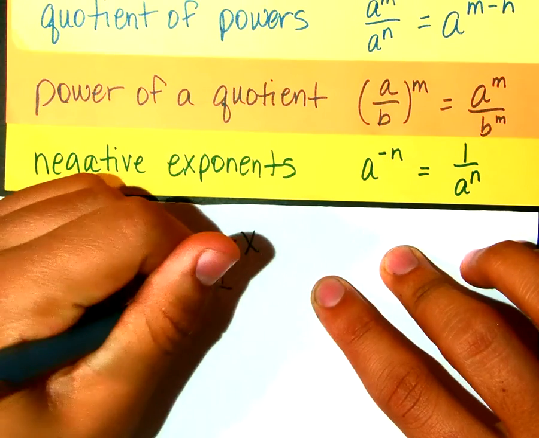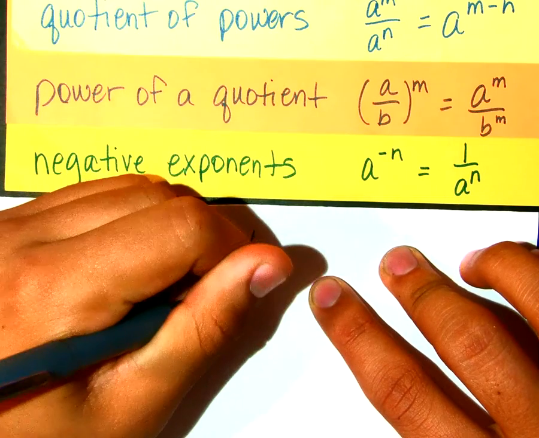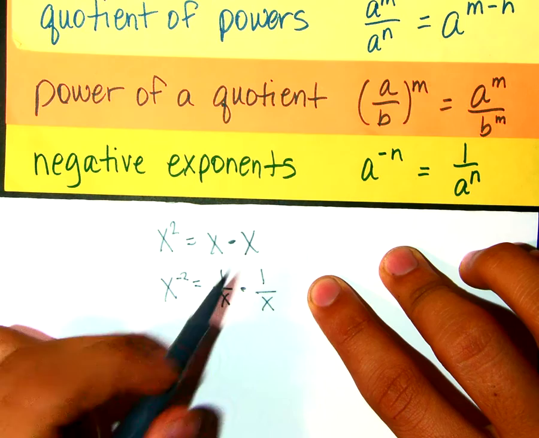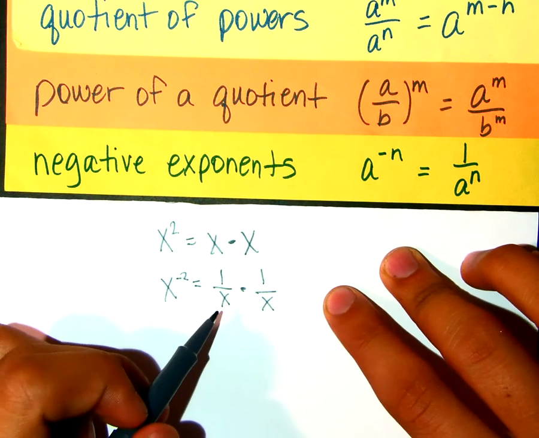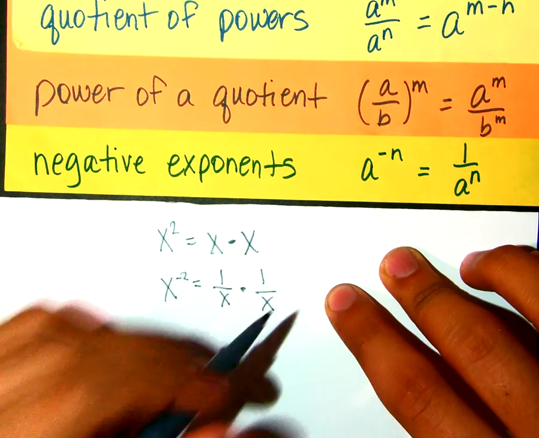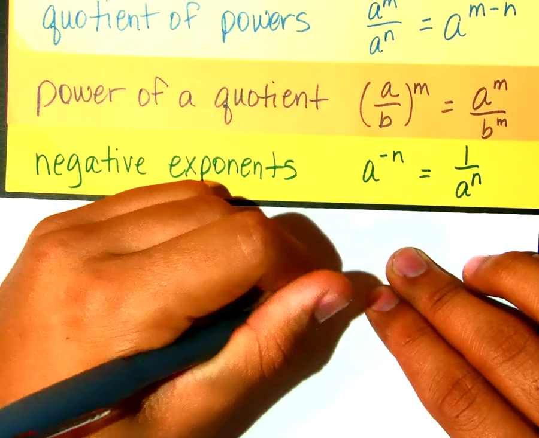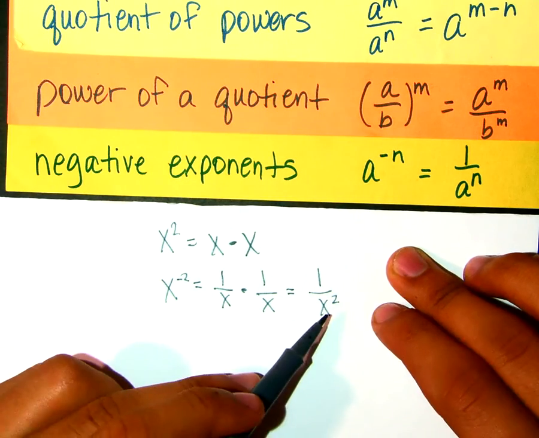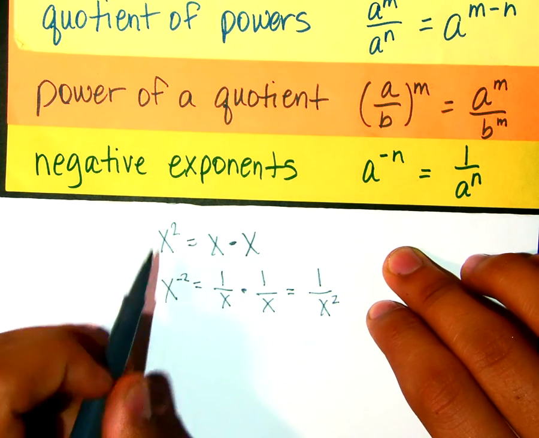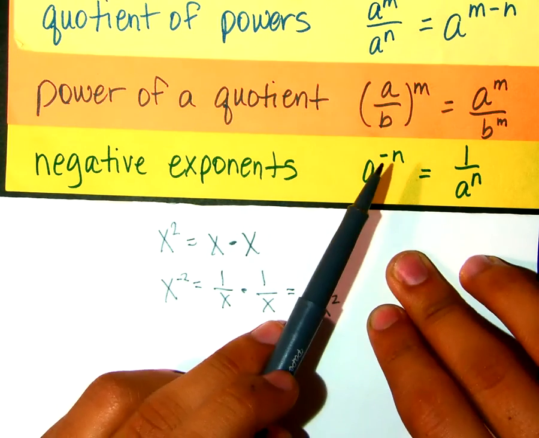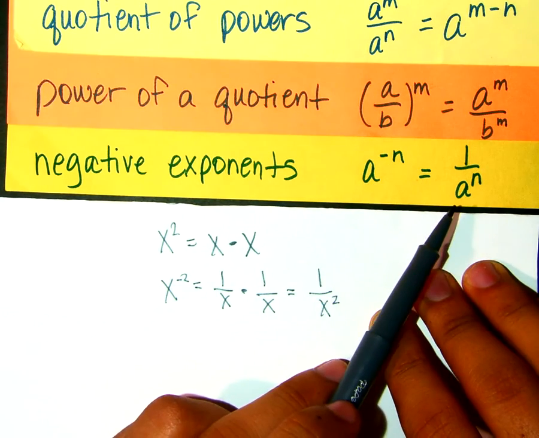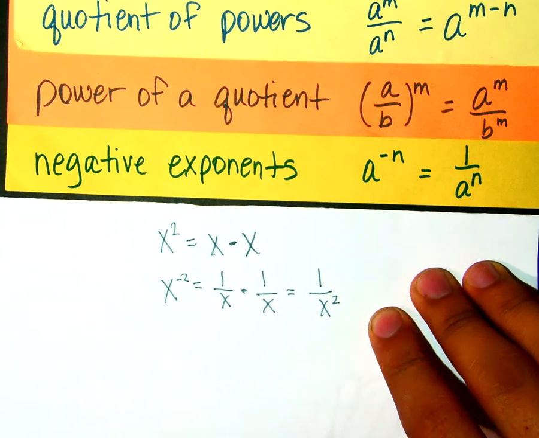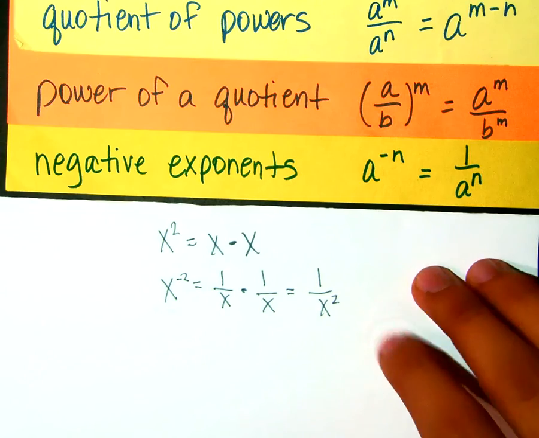So we get 1 over x and 1 over x. We're dividing by x twice instead of multiplying by x twice. And that's equivalent to 1 over x squared, because 1 times 1 is 1, and x times x is x squared. So this is why when we have a negative exponent, we can write it in the denominator as a positive exponent. Does that make sense? Because it's the opposite operation. Instead of multiplying, we're dividing.